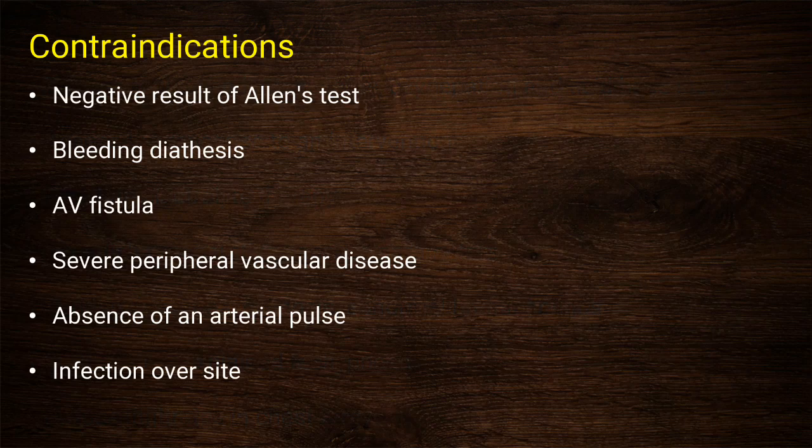Other contraindications are bleeding diathesis, AV fistula, severe peripheral vascular diseases, absence of an arterial pulse, and infections over the sites. When these conditions occur, we don't usually take blood samples from the radial arteries.